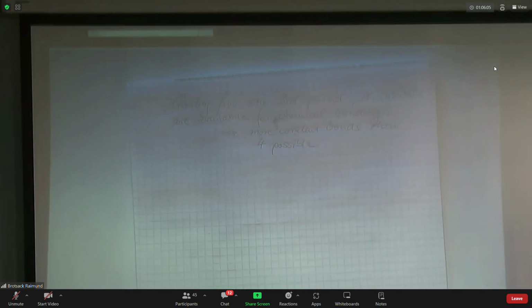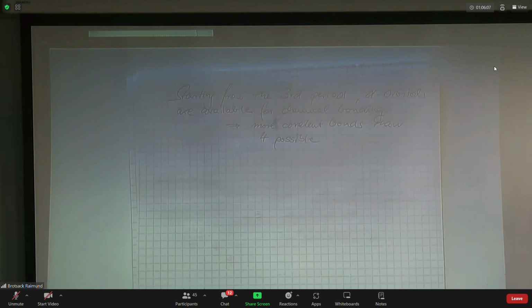So, of course, do not wonder if we sometimes have more than 4, then we are talking about elements which already have d orbitals.